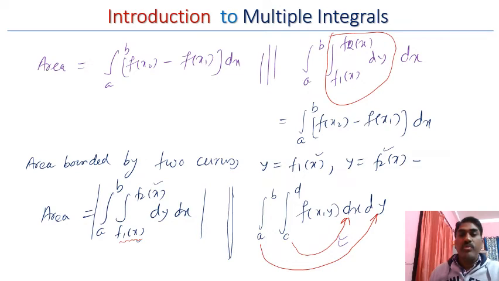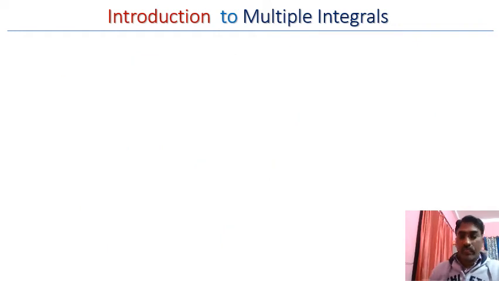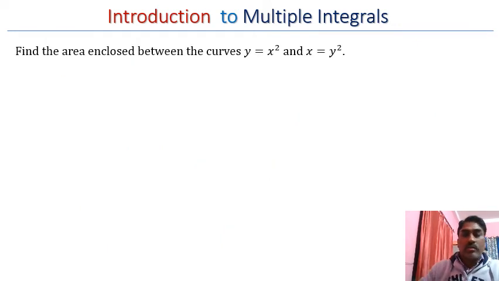So now we will do a question to strengthen our knowledge. Find the area enclosed between the curves y is equal to x square and x is equal to y square. So the very first thing that you should do is find the points of intersection of these two curves.